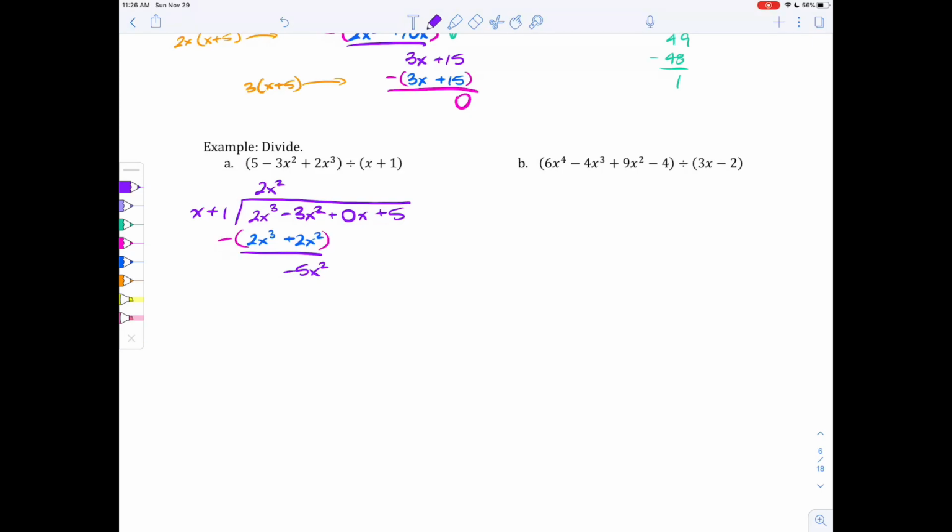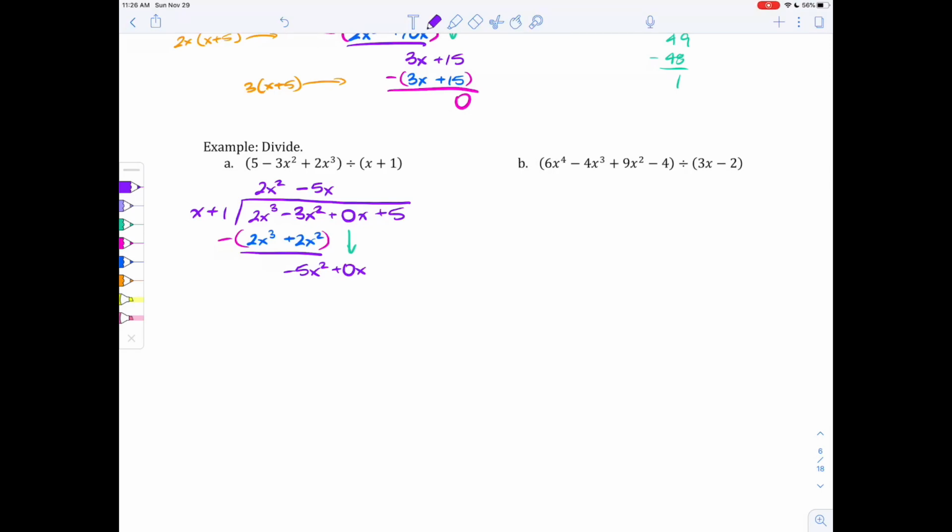As we proceed to our next step, we're going to drop that piece down. So we have our 0x right over there. And as we figure out what to next place here, we're going to be checking out negative 5x squared divided by x. Negative 5x squared divided by x is negative 5x.